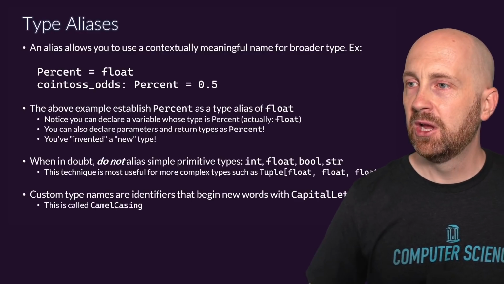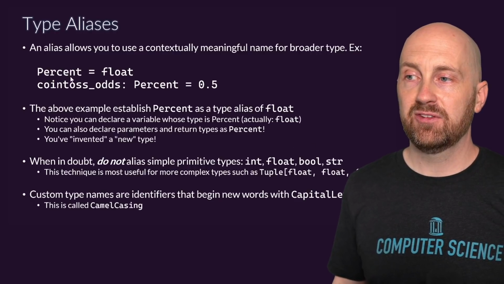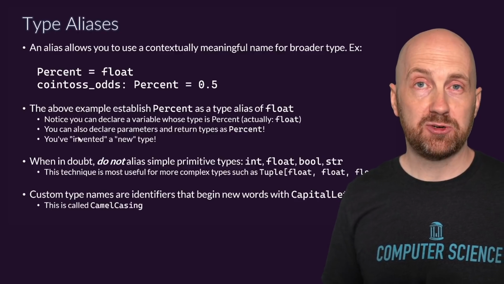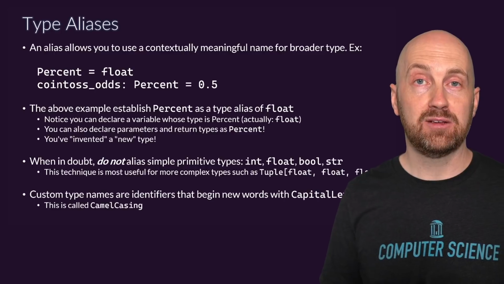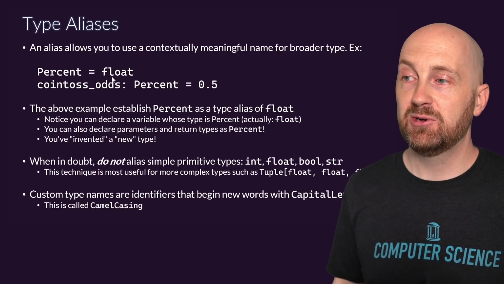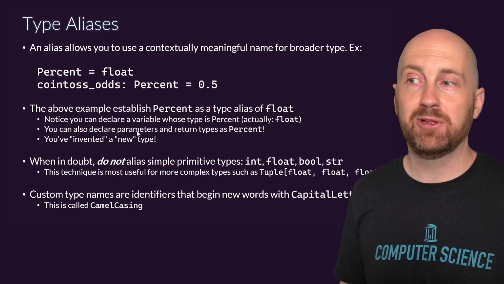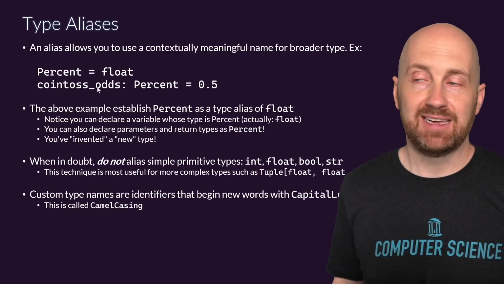So notice here that we're specifying a P, and this is a type alias. So this P is a variable that we're giving a special name to. A capital P is going to give us some hint that we're dealing with a type that we've defined ourselves. And we're just saying that's assigned what float is. So it's now equivalent to what a float is. Once we've done so, we can use this P alias as a type.